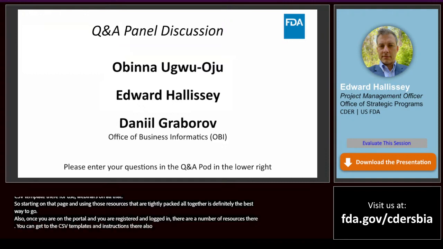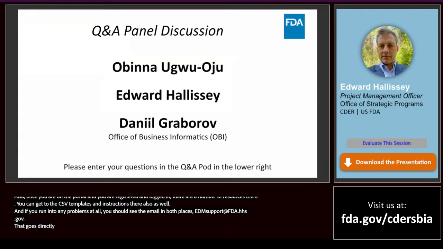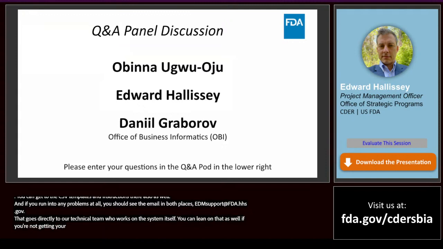And if you run into any problems at all, you should see the email in both places, edmsupport@fda.hhs.gov. That goes directly to our technical team who works on the system itself. So, you can lean on that as well if you're not getting your answers in all of the resources that are on the drug shortage and mitigation page.